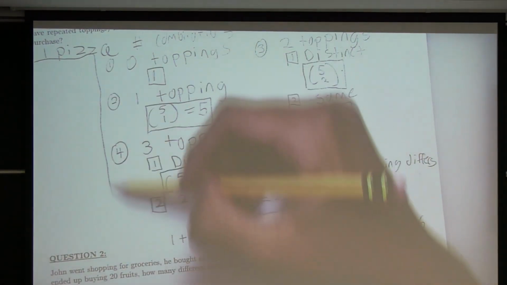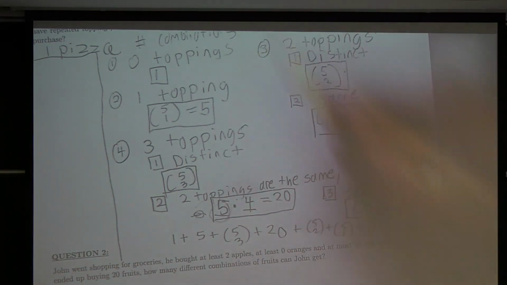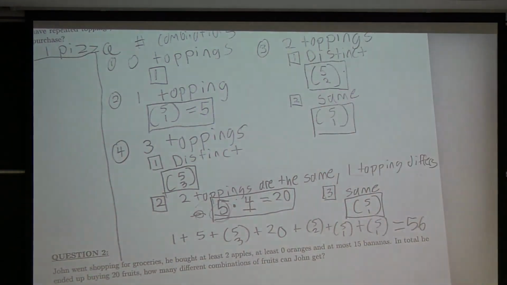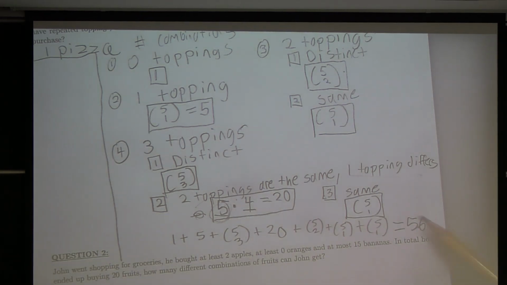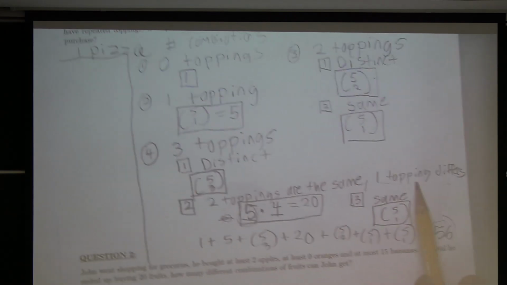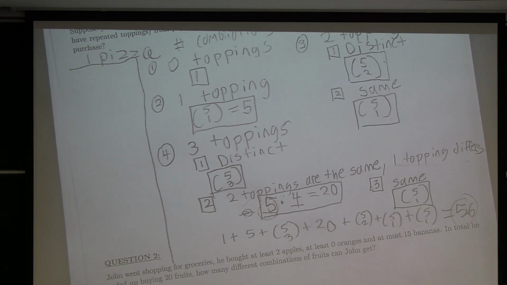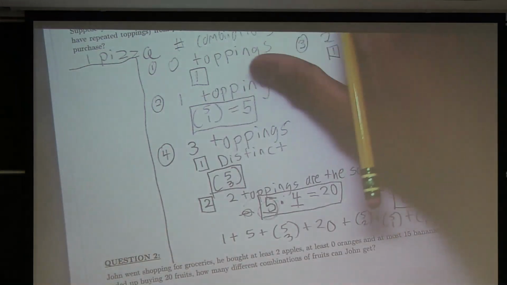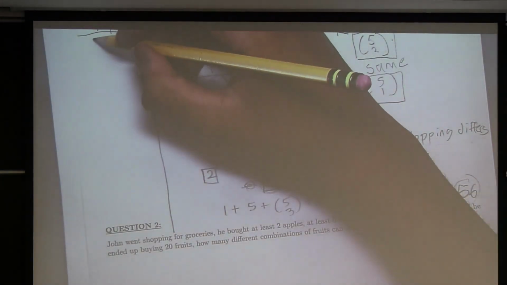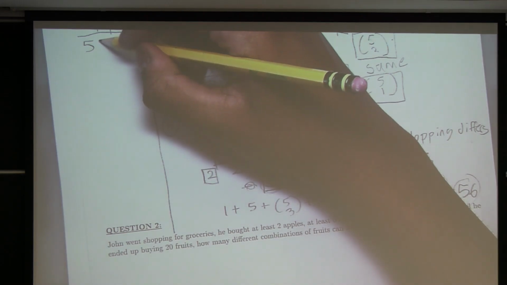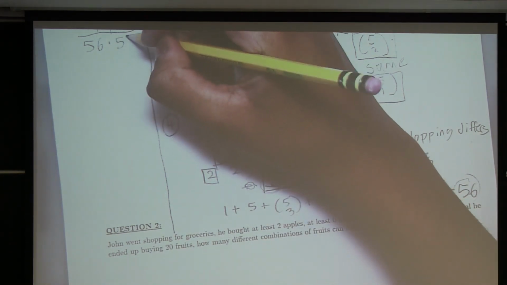But the question asks us to get 2 pizzas. So we want to find 2 pizzas, and we're given the number of combinations of one singular pizza is 56. So a common thing students write in this problem is that the answer would be 56 times 56.